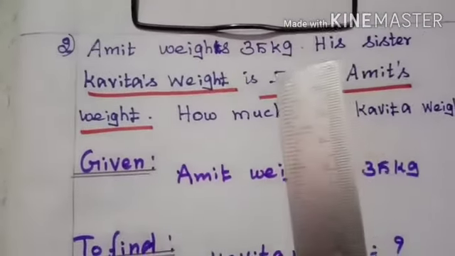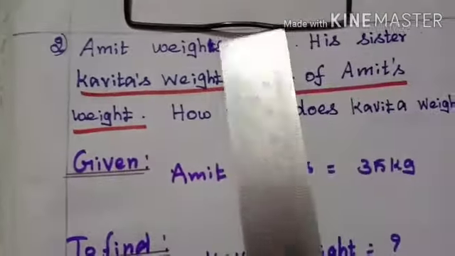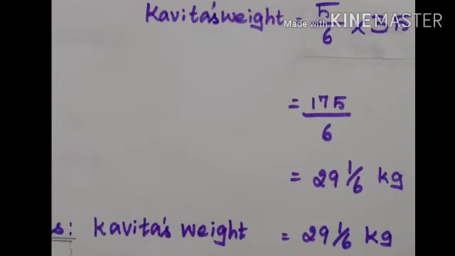Solution. Kavita's weight is equal to 5 by 6 of 35. Here of means multiplication. So here we want to find out 5 by 6 into 35. We have to multiply the numerators and multiply the denominators.